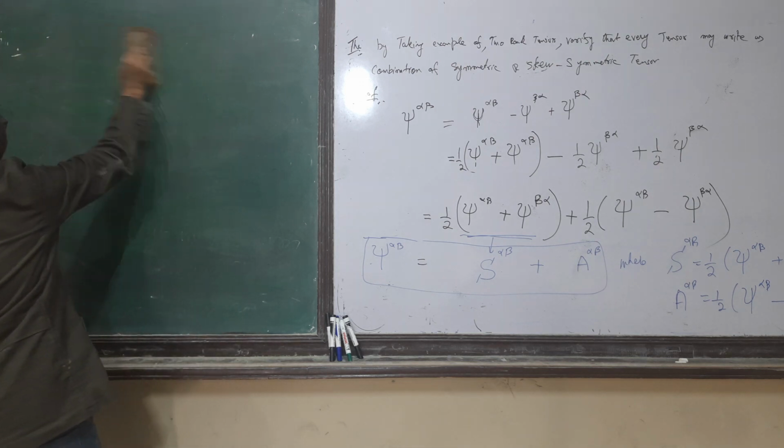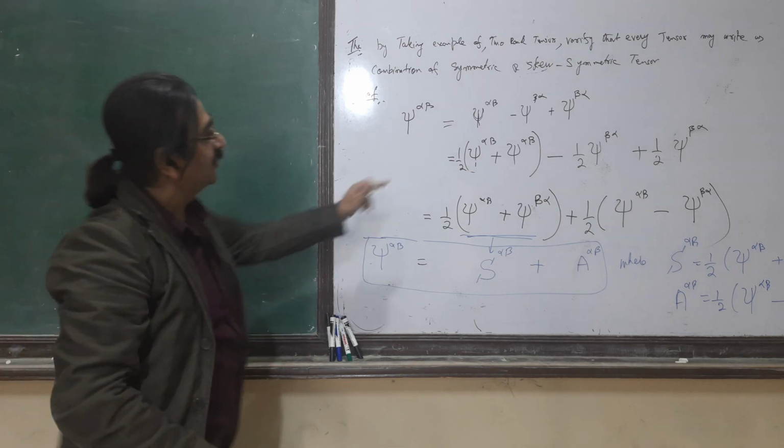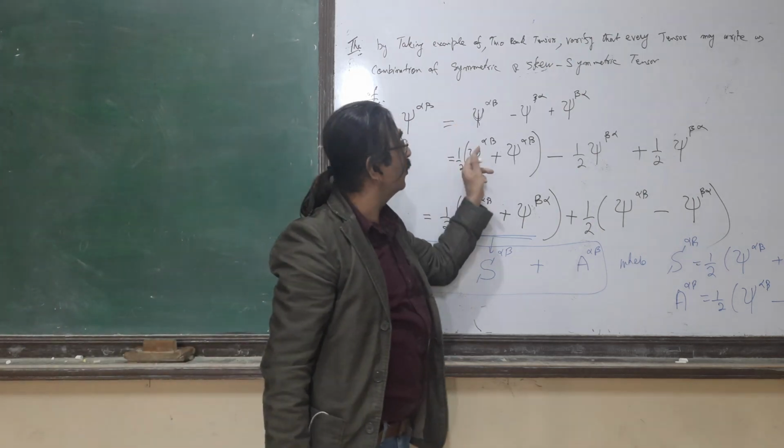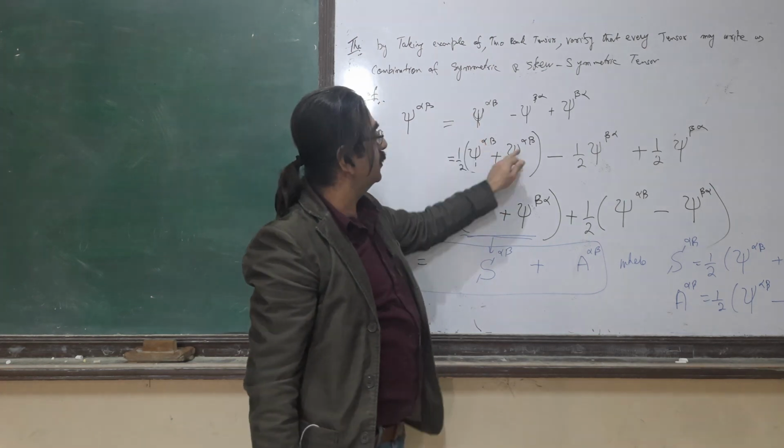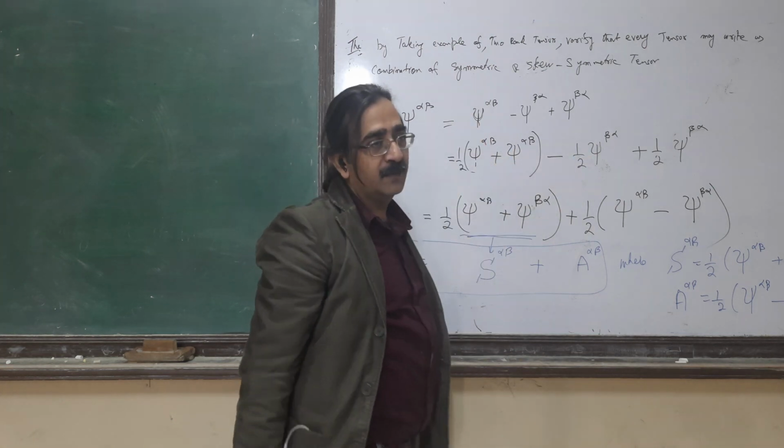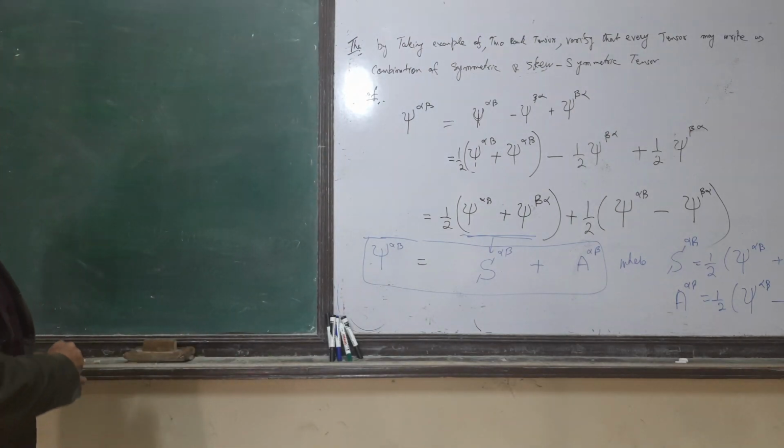Okay, and that's the reason this is equal to this. Oh no, this is not equal to this. Yes, this is equal to this. Okay, the same. And then I have to take this combination. Why? Acha.